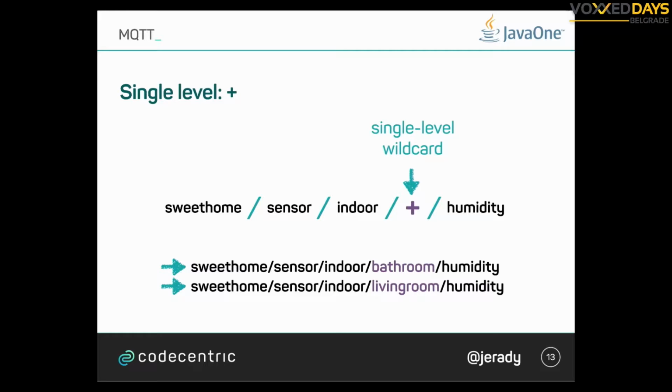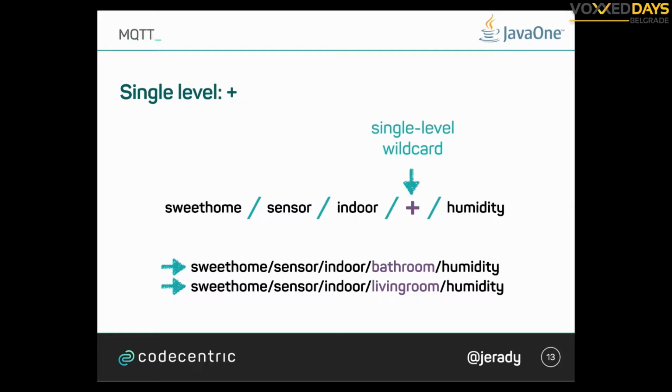So it's just one level between these slashes, between the topic separators. So one who is subscribed to this topic will receive messages, for instance, sent to bathroom humidity or also living room humidity. So it doesn't matter what's between these topic separators, right?